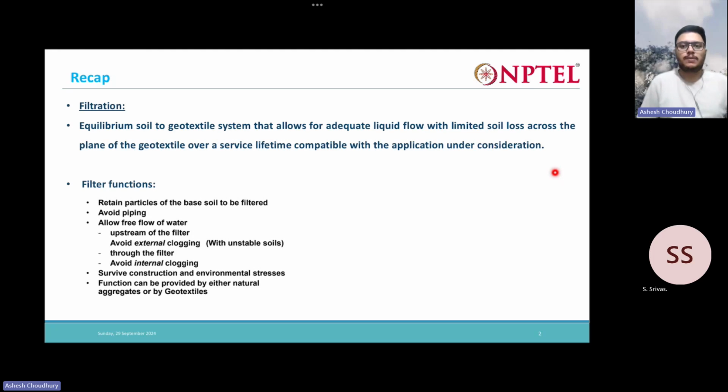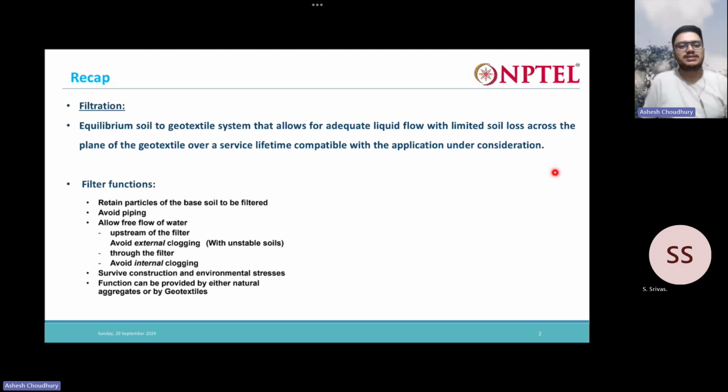Okay, that means there is an equilibrium point where the water that is coming out of the filter reaches the equilibrium state. Means there is neither loss of fines, nor too little water going out. Adequate amount of water is flowing out, so that equilibrium is reached.